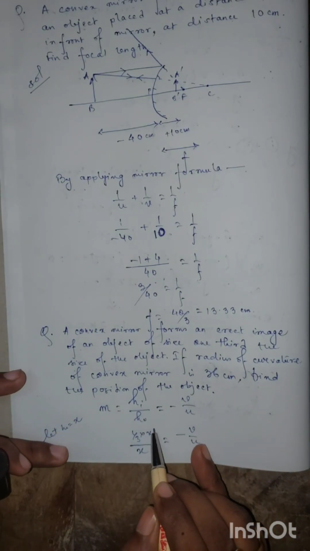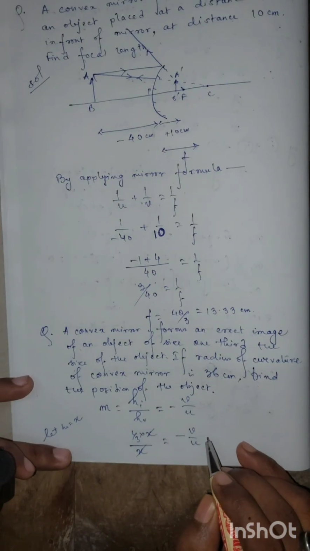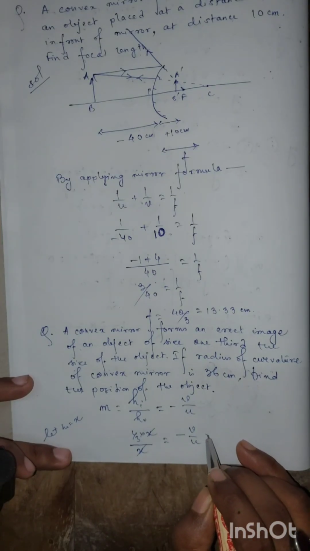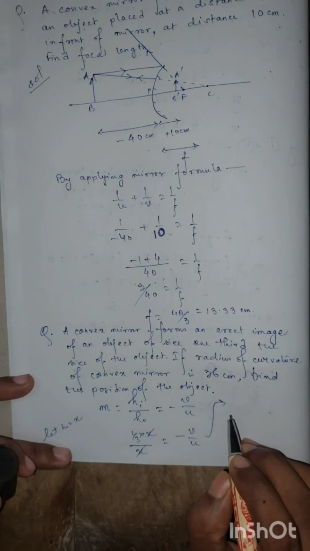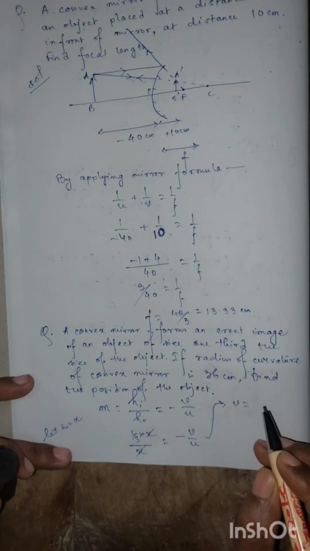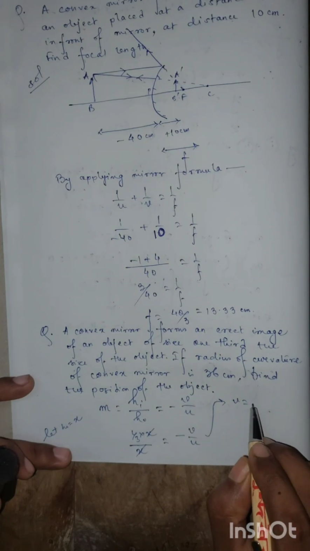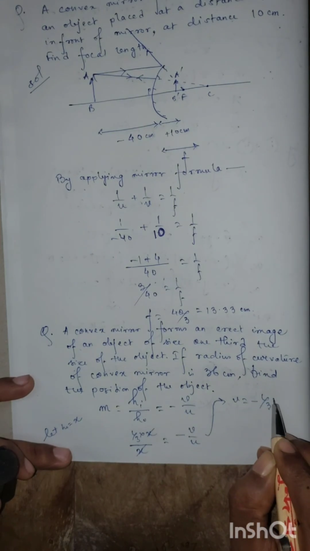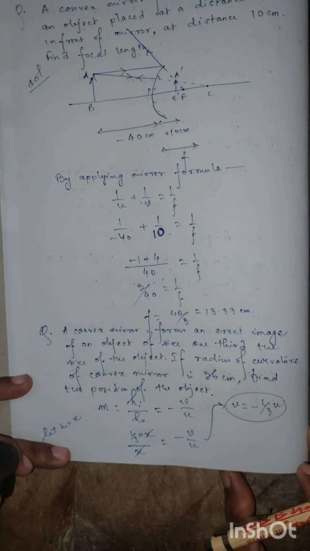So we can cancel x. So it gives us v equal to minus one third u. So this is what we are getting.